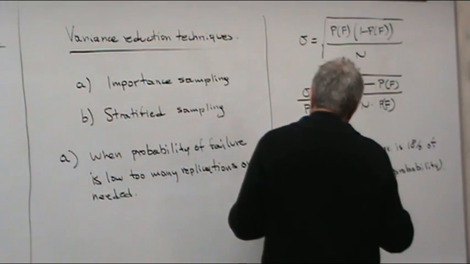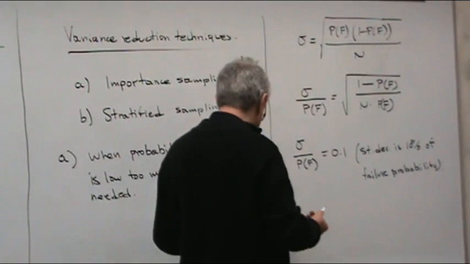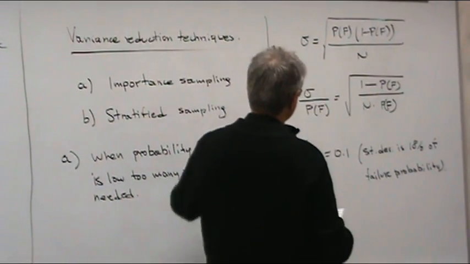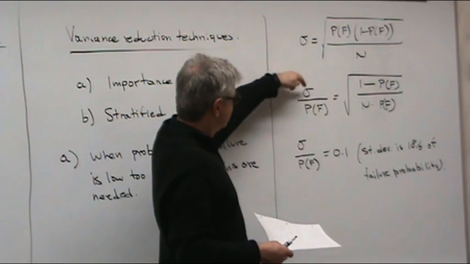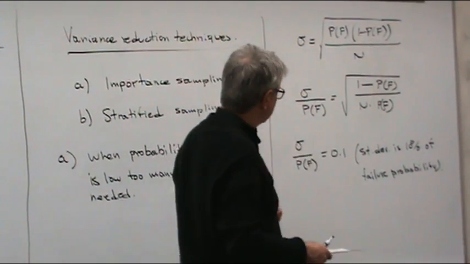Okay? Then you can find an equation about how many replications you need. How do you do that? Well, you put here 0.1, okay?